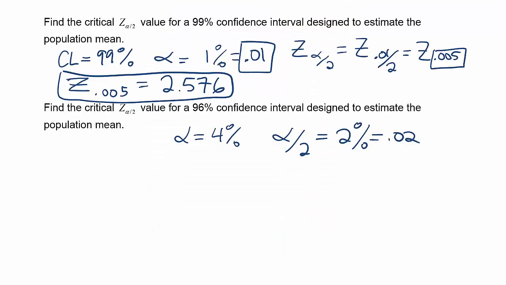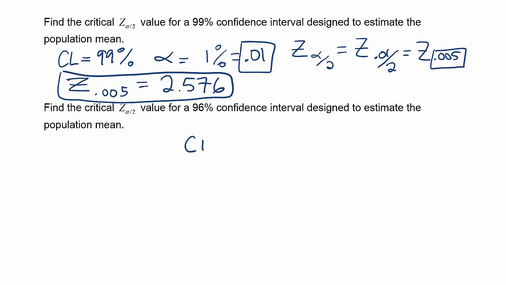When this procedure doesn't work, it means the t-table is not going to help you here. So we're just going to start over, basically. When the t-table fails to work, all we do is take the confidence level, which is 0.96 as a decimal, and just divide it by 2. So I do 0.96 divided by 2.